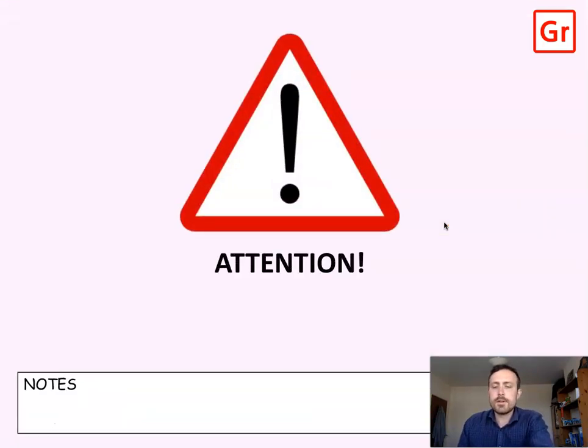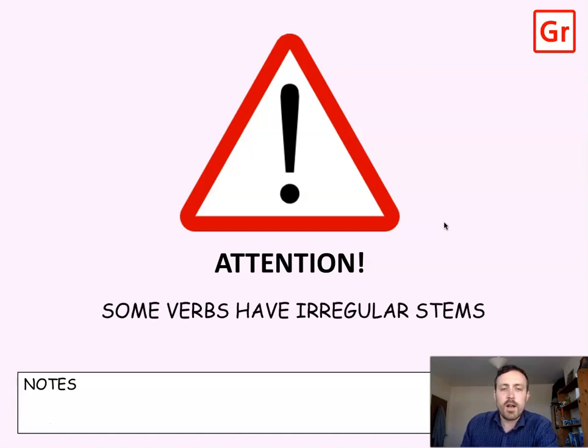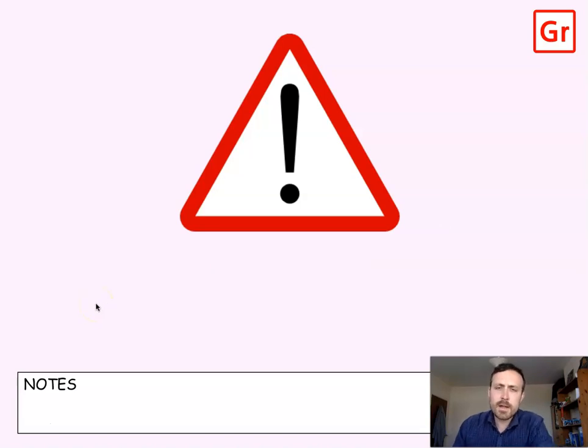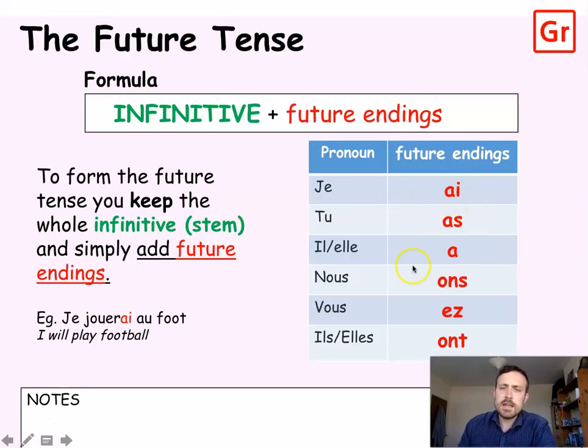Okay, so attention, we do need to be quite careful with this tense because, like all tenses and verbs in French, there are unfortunately some irregularities. So some verbs don't quite follow those rules. And with the future tense, it's not these endings that are going to change.